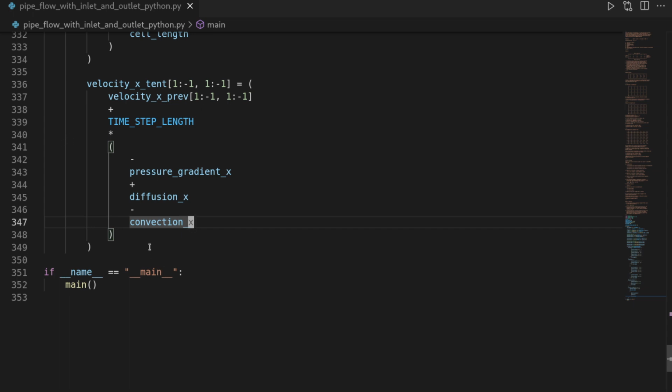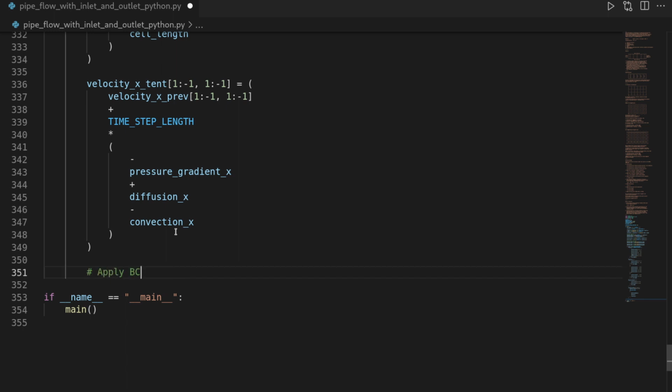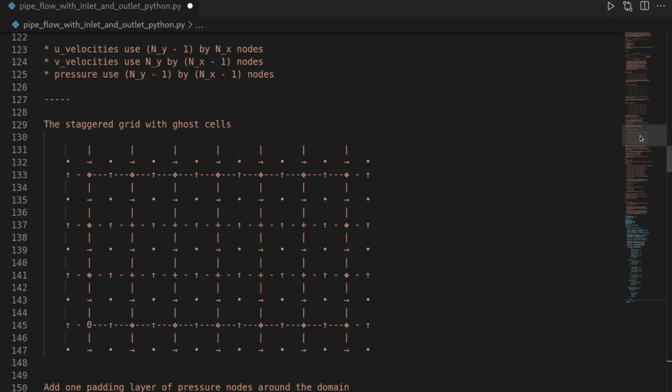Now we also have to apply the boundary conditions. So we say apply BC. For this, let's first start with the left and the right edge of the boundary. For this, take a look again. And here we have the advantage that in the staggered grid, the u is on the boundary, so we don't have to do any averaging, and we can directly prescribe the inlet velocity here, because we want the u velocity here to be 1.